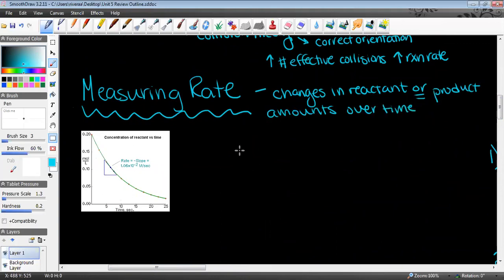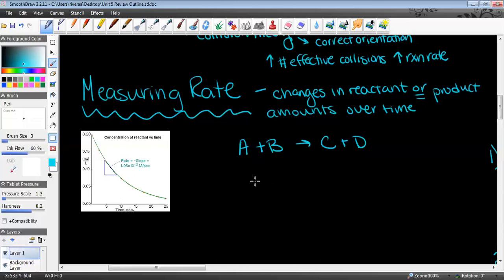So if I've got reactants A plus B making C and D, I know that the concentrations of A and B are going to go down over time, and the concentrations of C and D are going to go up over time. And I could measure either of those things in order to measure the reaction rate.